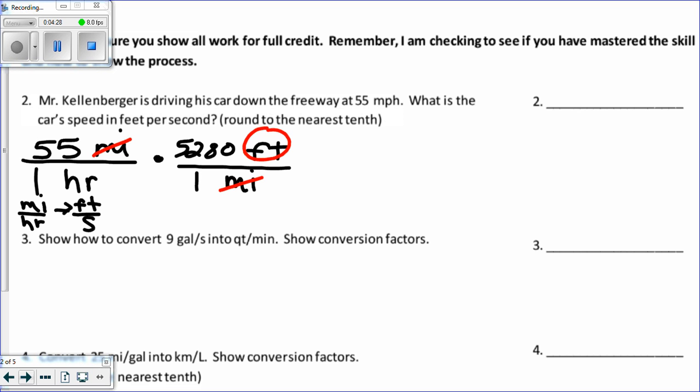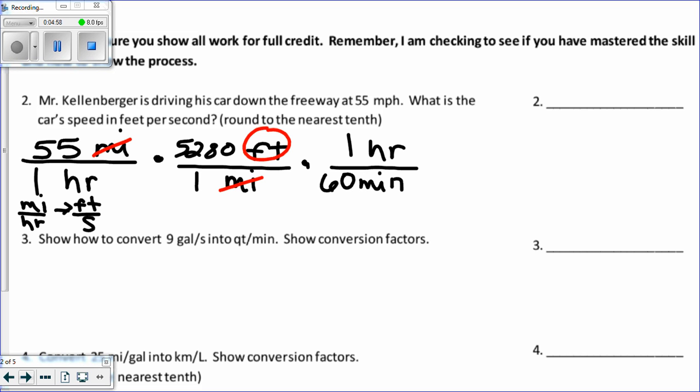So we've gone from miles to feet, but now we need to go from hours to seconds. So to go from hours to seconds, we have to go from hours to minutes, and then from minutes to seconds. So I'm going to multiply by another fraction, and I have hours in the bottom over here. So I'm going to put 1 hour in the top, so it cross cancels, and 60 minutes in the denominator.